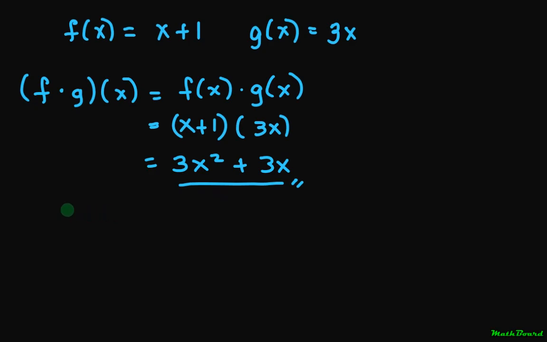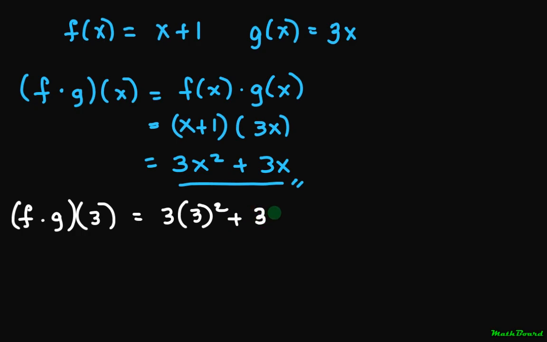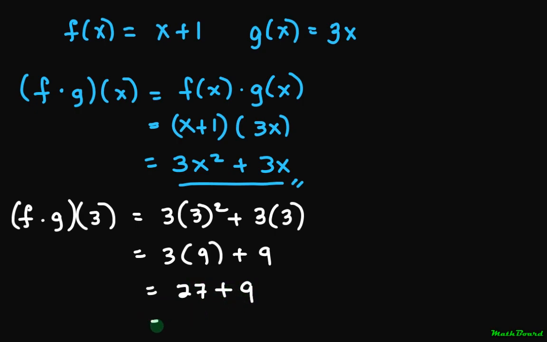If we have to find, let's say, f times g of 3, that is the same as 3 times 3 squared plus 3x, or 3 times 3. And we have 3 squared is 9, then 3 times 3 is also 9, so 27 plus 9 equals 36.